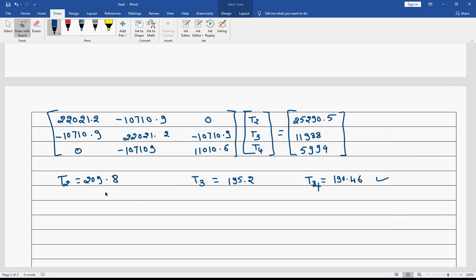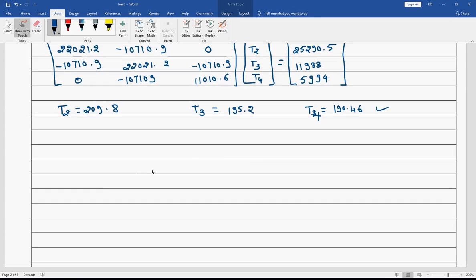Now the temperature distribution we have calculated. We have to go for how much total loss we have got. So that is divided by the heat loss of each element.